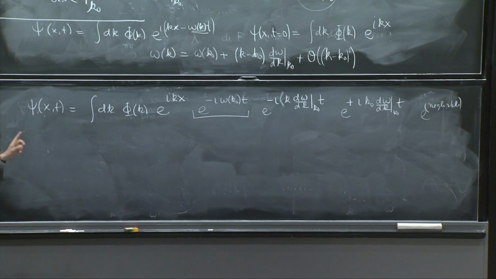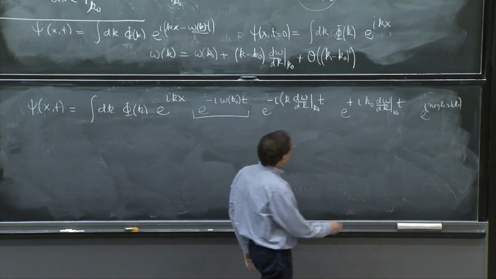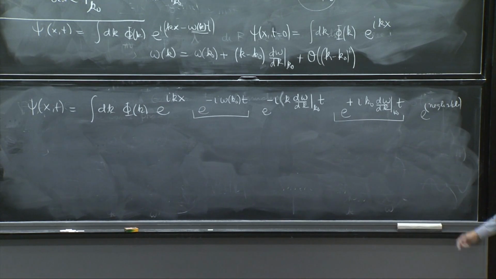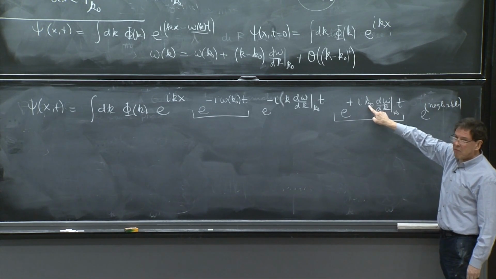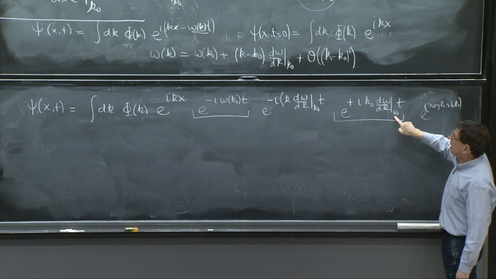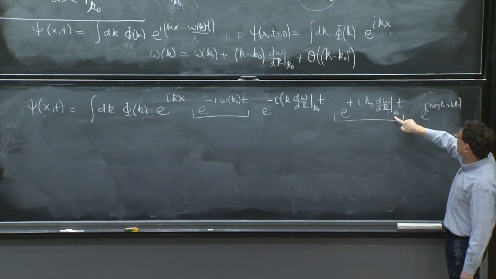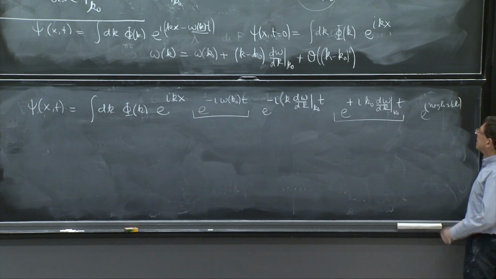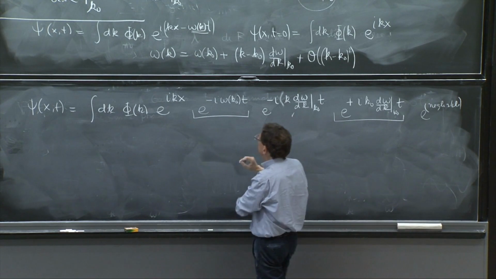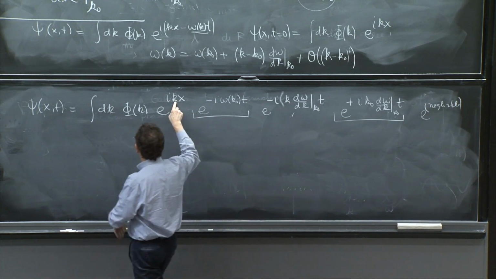So this factor is just confusing me. It doesn't belong in the integral. This factor too: k naught is not a function of k. D omega dk evaluated at k naught is not a function of k. So this is not really in the integral. This is negligible. This is in the integral because it has a k, and this is in the integral.